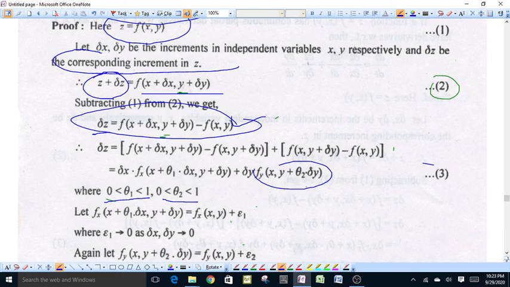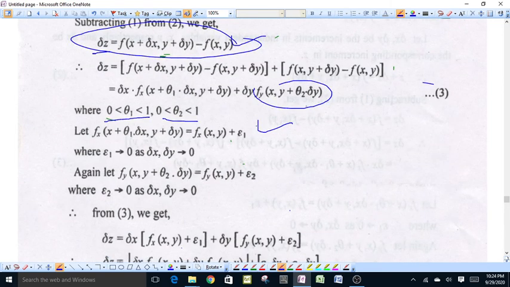Also suppose f_x(x plus theta 1 delta x, y plus delta y) is equal to f_x(x, y) plus epsilon 1, where epsilon 1 approaches 0 as delta x, delta y approach 0. Again, f_y(x, y plus theta 2 delta y) is equal to f_y(x, y) plus epsilon 2, and epsilon 2 approaches 0 as delta x, delta y approach 0.